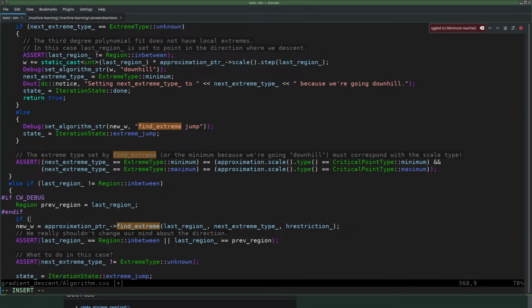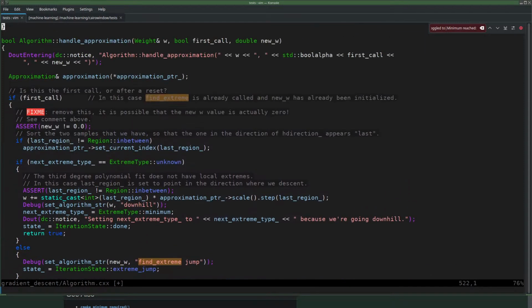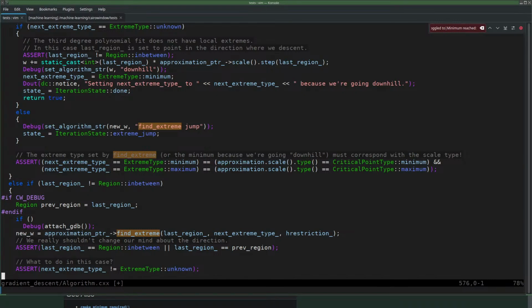If something debug attach GDB, something being that my current W is, there will be W there. Wait. To W, but I don't know how to access the thing.